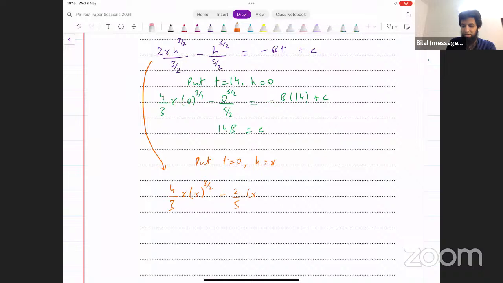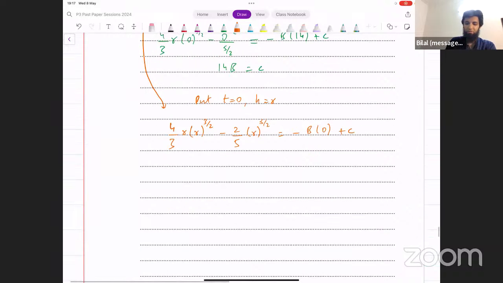That means r raised to the power 5 over 2. On the other side, you have minus b into 0 plus c. What does that give us? 4 over 3 r raised to the power 5 over 2, 1 plus 3 over 2, that's 5 over 2, minus 2 over 5 into r raised to the power 5 over 2. That equals c. This is the value of c that we're getting.